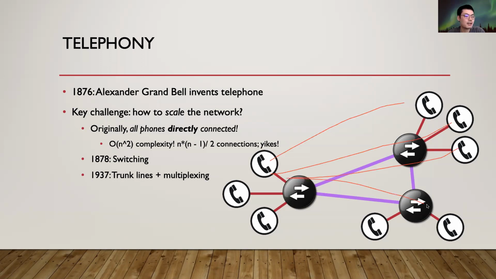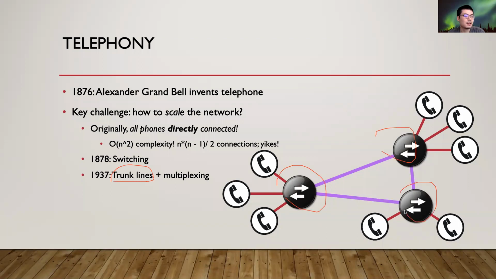But as we explained, that will generate a square amount of connections, which is really not affordable. And the current solution is really using the so-called trunk lines, which means you have some hubs.